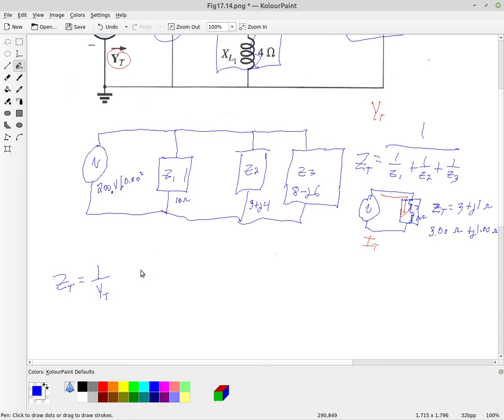So if we look at Ohm's law, we can say that the voltage is equal to the current times the impedance. But using this admittance term here, we can actually say that the voltage is equal to the current divided by the admittance. So the admittance is just another way of writing impedance.